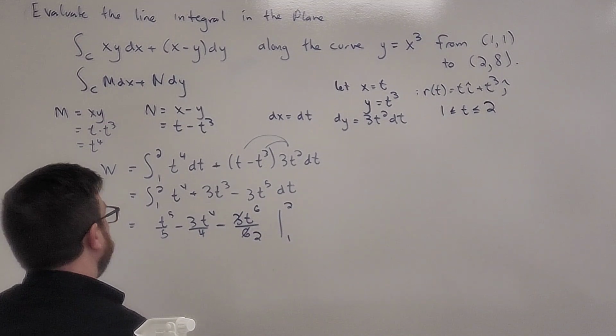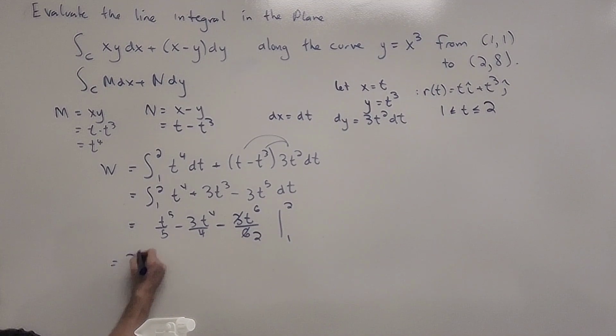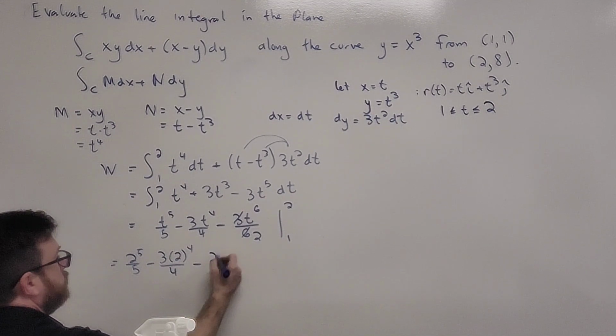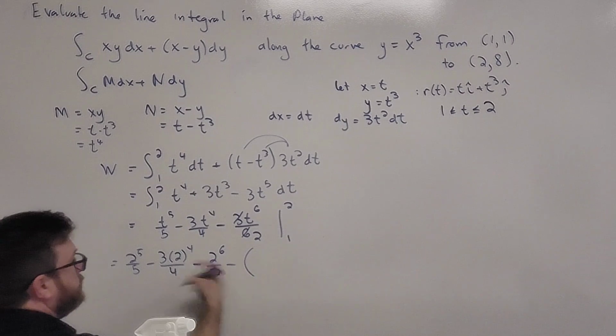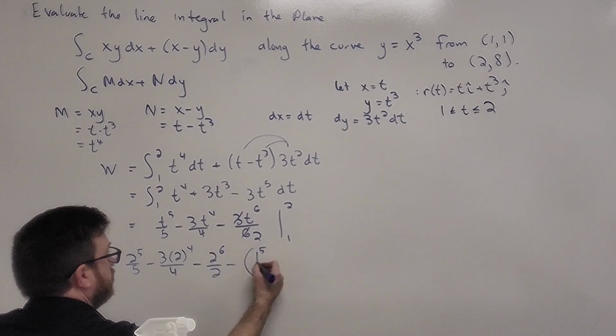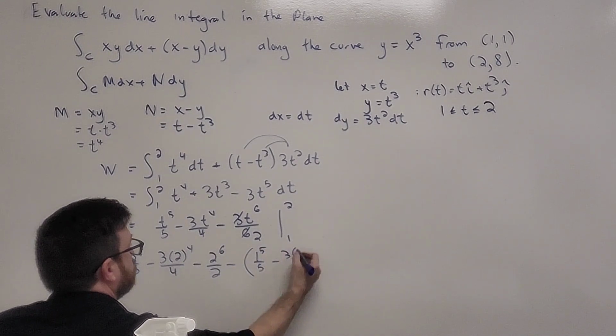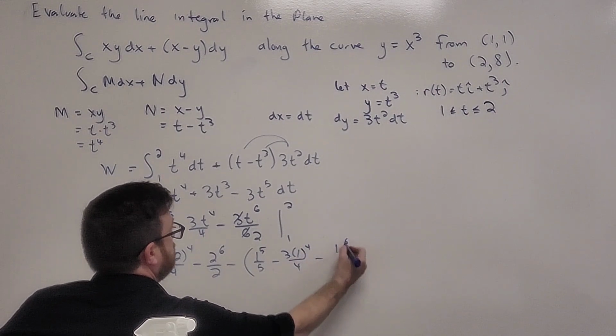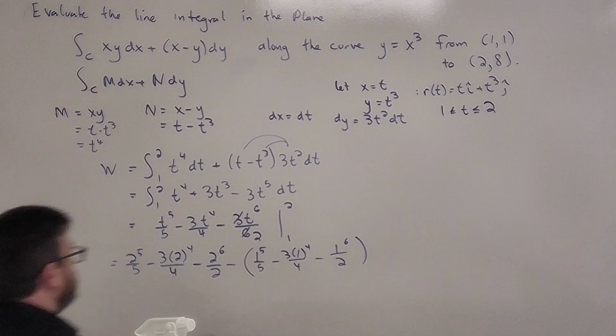And plugging in those values, you have 2 to the 5th over 5 minus 3 times 2 to the 4th over 4 minus 2 to the 6th over 2. Subtracting when you plug in 1: 1 to the 5th over 5 minus 3 times 1 to the 4th over 4 minus 1 to the 6th over 2.